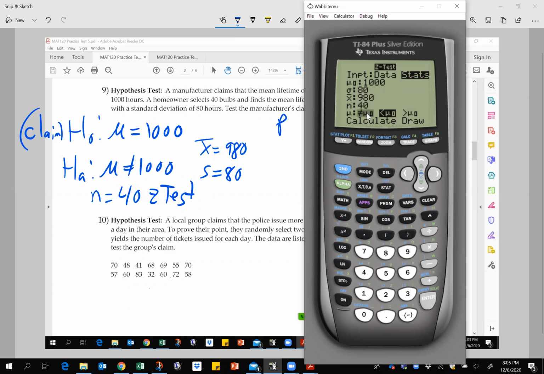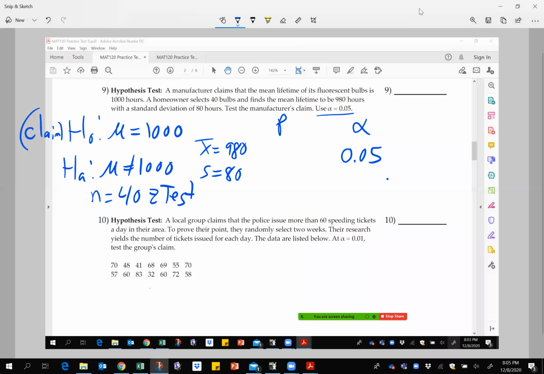And this was a two-tailed test because the alternative was not equal to. So we're going to select not equal to. Go ahead and hit calculate. And we get a p-value rounded to 3 places of 0.114. So our p-value is 0.114. And now we're ready to make our comparison and our conclusion.